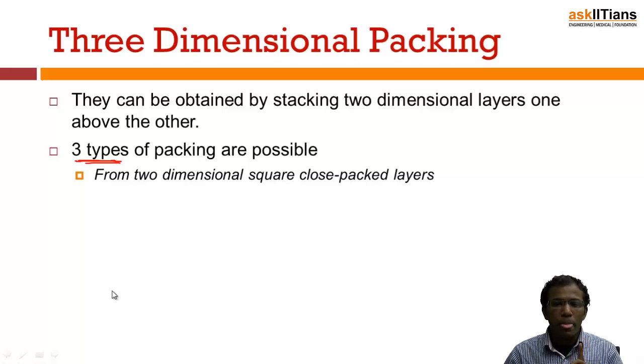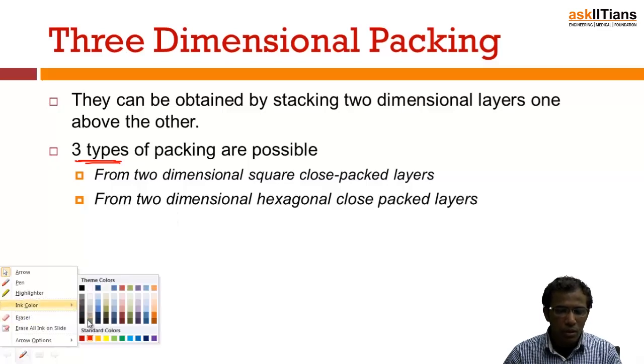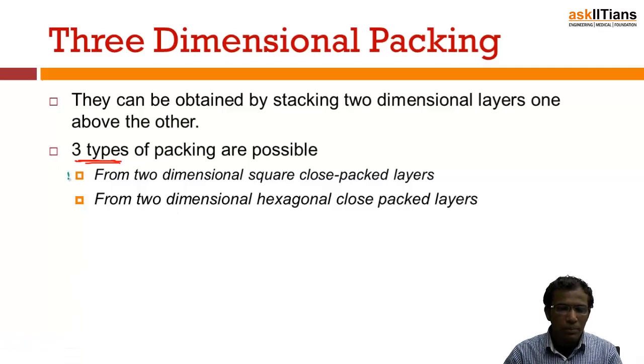So from two-dimensional square close packing, you will get 3D. This is one 3D packing, and the other is from 2D hexagonal close packed layers. So from 2D hexagonal close packed layers also you will get 3D packing. This is one type, this is the second type, but in this second one 2 types are further possible. So in total we have 3 types.